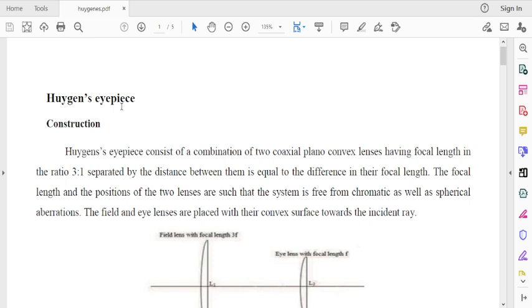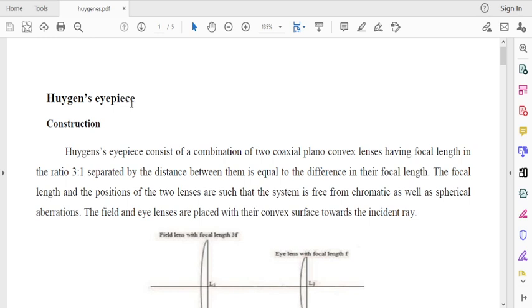And if we want to do the experiment again, then again laser and all these things. But what about its eyepieces? Then we have to study the construction, working, its cardinal points, how it is constructed. Here today we will see about the Huygens eyepiece.